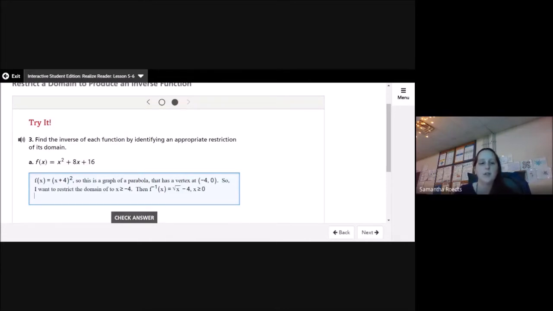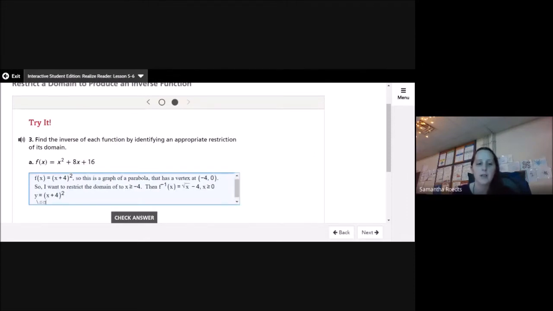So this would be y equals (x plus 4) squared. I want to flip them, so I have x equals (y plus 4) squared. I'm going to take the square root of both sides. So the square root of x equals y plus 4. So I get the square root of x minus 4 equals y.